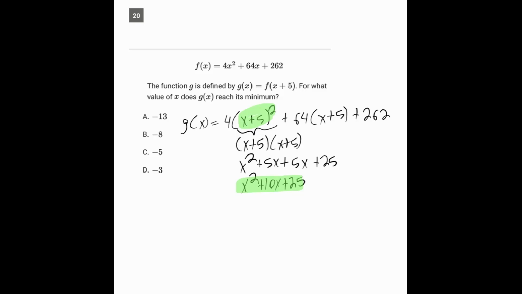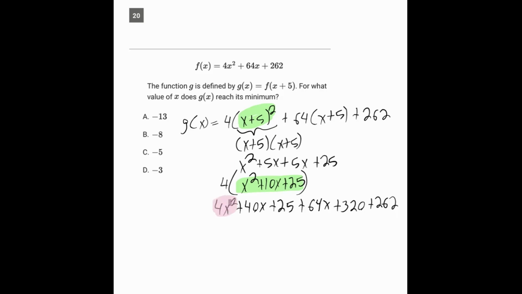So we still have to distribute a 4 and also distribute the 64. So 4x squared plus 40x plus 25, plus 64x plus 64 times 5, which is 320, plus 262. And now we have a lot of like terms.